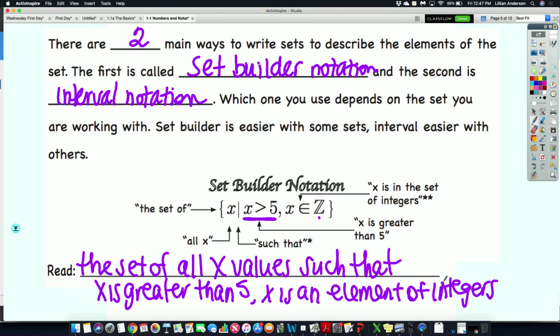That is how you would read that entire notation. So the setup indicates the curly brackets, all x, what variable we're dealing with, such that, vertical bar, x is greater than 5, and then x is only the integers that are greater than 5.